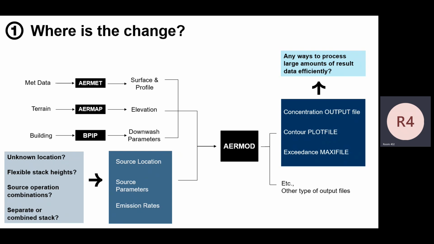I don't know how high the stack height would be, so you tell me what kind of height it's going to be. There are also source operation combinations: this source operates 5 to 5, the other source runs all day, all the combinations. And for a bunch of sources, they can be routed to a single stack, or routed to many different stacks. All these different situations create different scenarios.